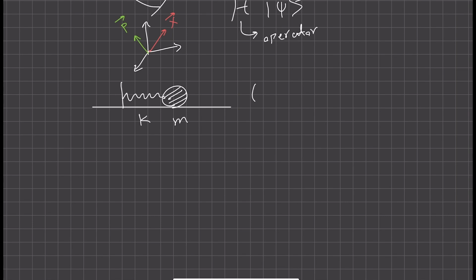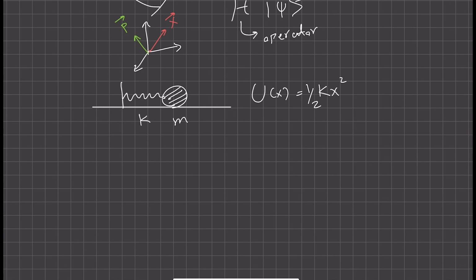So we can say the potential that corresponds to the simple harmonic oscillator is something like kx squared, and this is the first term, or the lowest order term, in which we can expand any complicated potential.